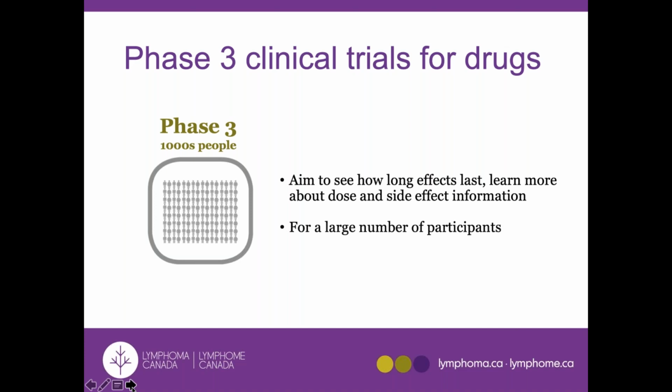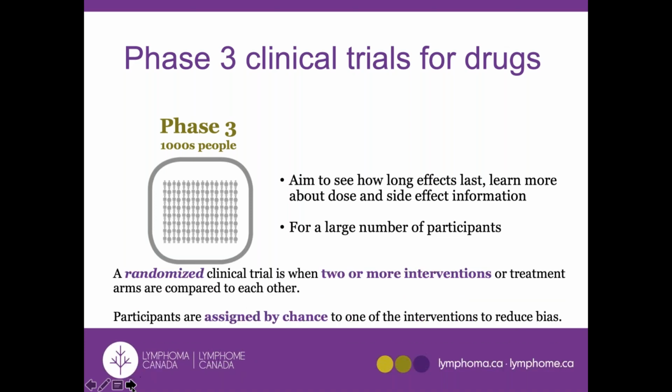So for a larger number of participants, sometimes you'll hear the term randomized control trial or RCT, and those are phase 3 studies. That's when we look at 2 or more interventions or treatment arms compared to each other.